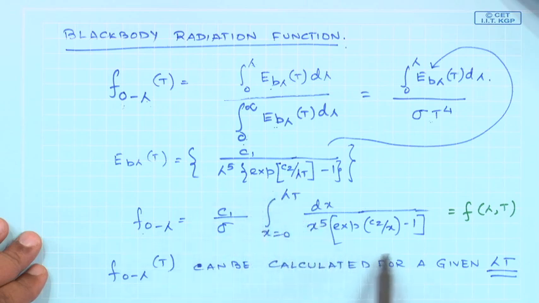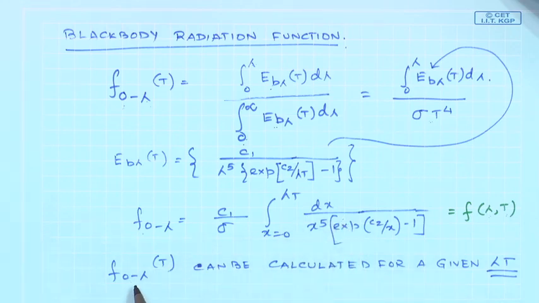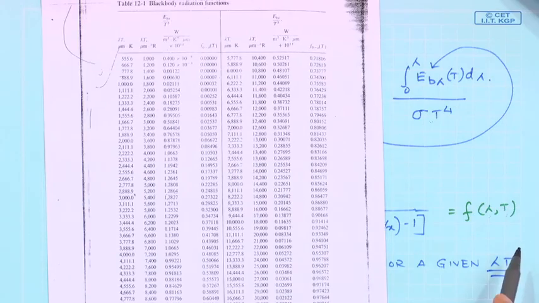This is again an integral equation which can be evaluated provided you specify lambda and T. So, once you specify lambda and T, this fraction can be evaluated. This fraction is calculated for a given lambda times T, and you would see that the result of the fraction is provided in a table.